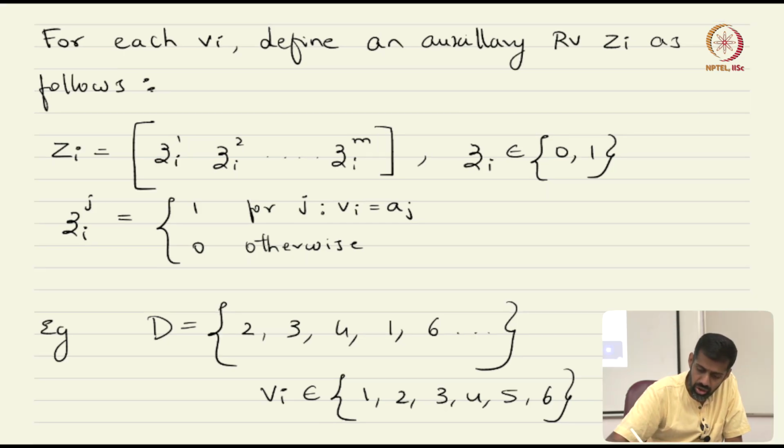where all the Zij are either 0 or 1, and Zij is equal to 1 for the j such that Vi is equal to Aj, and 0 otherwise.